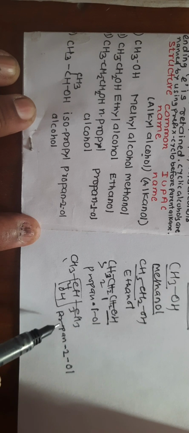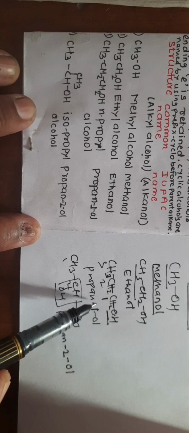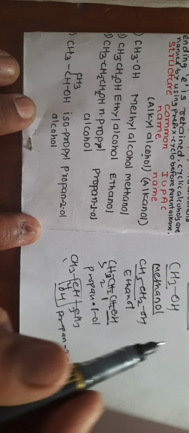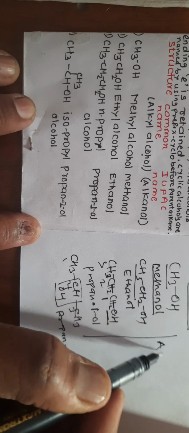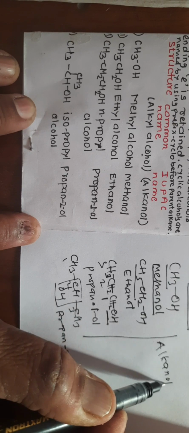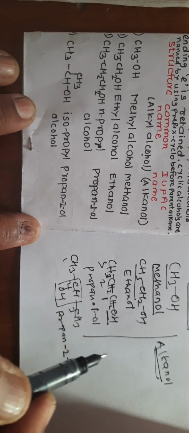Therefore, the IUPAC name of this alcohol is propan-2-ol. It means that methanol, ethanol, propanol, butanol, pentanol, together are also known as alkanols. Hence, according to the IUPAC system, alcohols are known as alkanols.